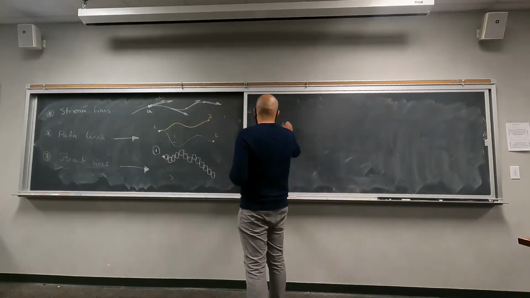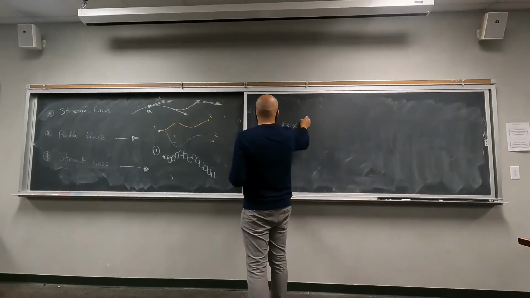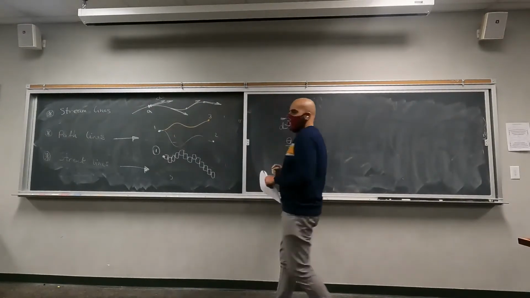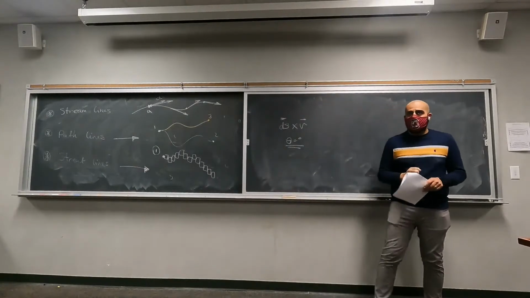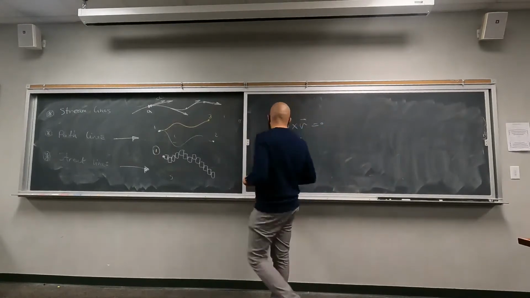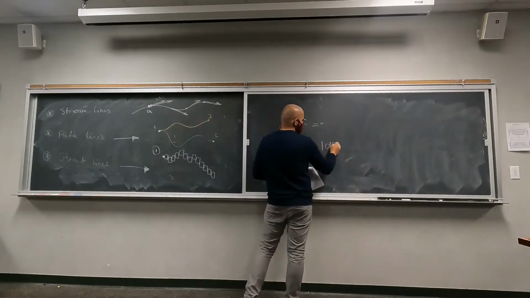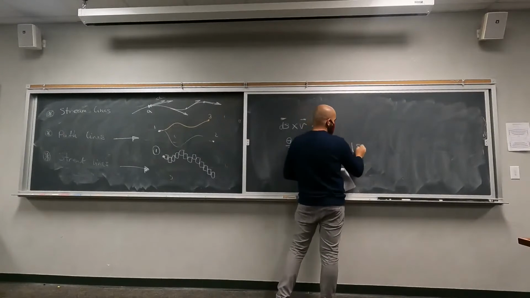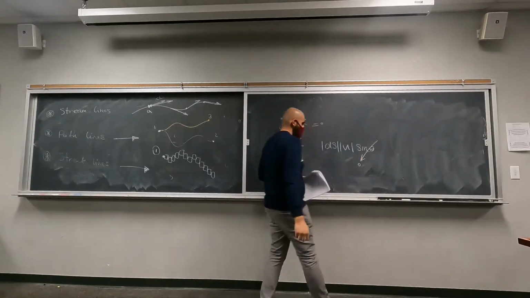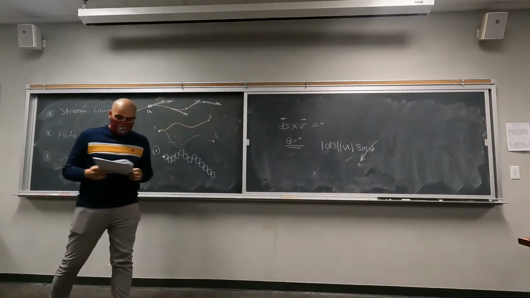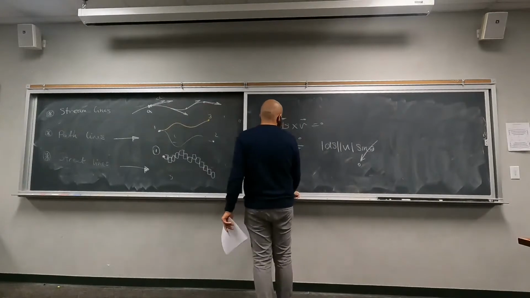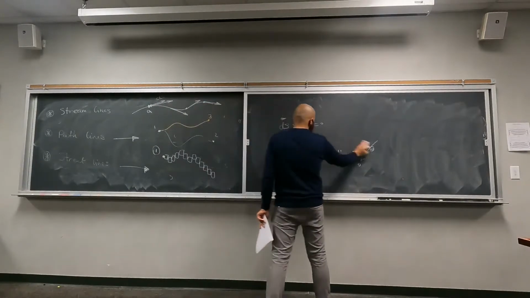What is the cross product between two vectors for which theta is 0? 0. Now go back to the definition of cross product: magnitude of ds, magnitude of v, sine of theta. Theta is 0, so the cross product is 0. So ds cross v is 0.